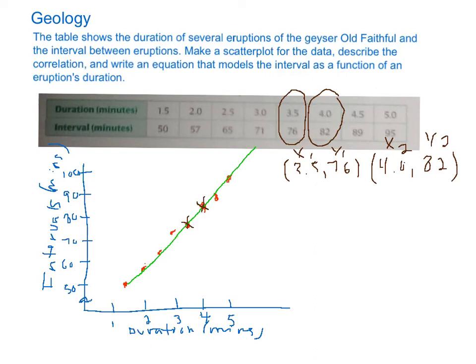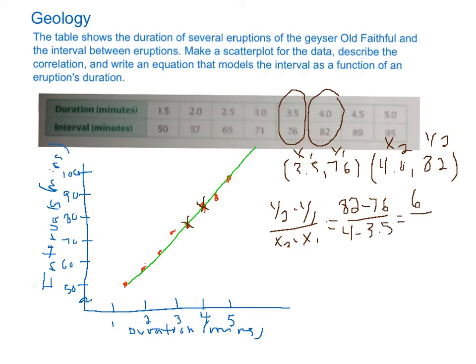And if you recall, the slope formula is y2 minus y1 over x2 minus x1. We plug these in and get 82 minus 76 over 4 minus 3.5, which gives us 6 over a half. That gives us 12, so we know our slope is 12.